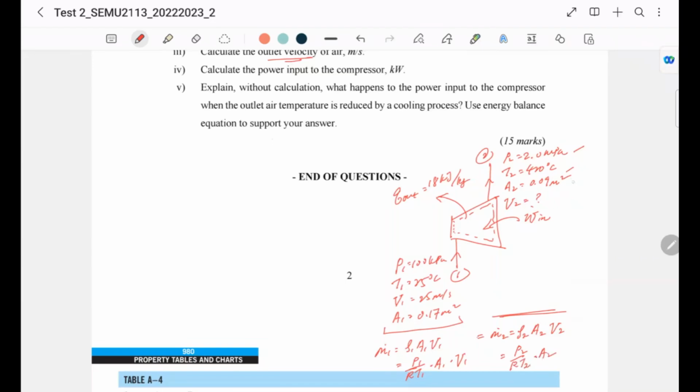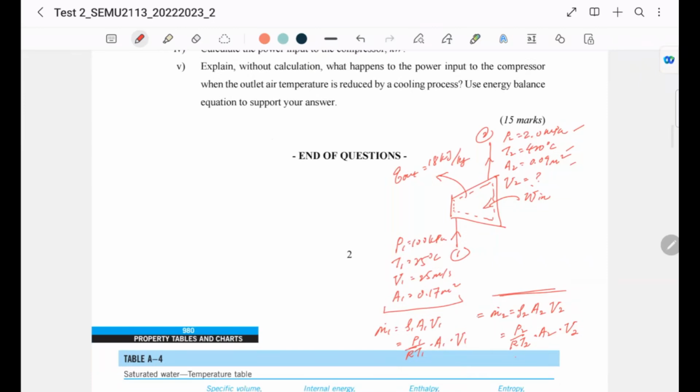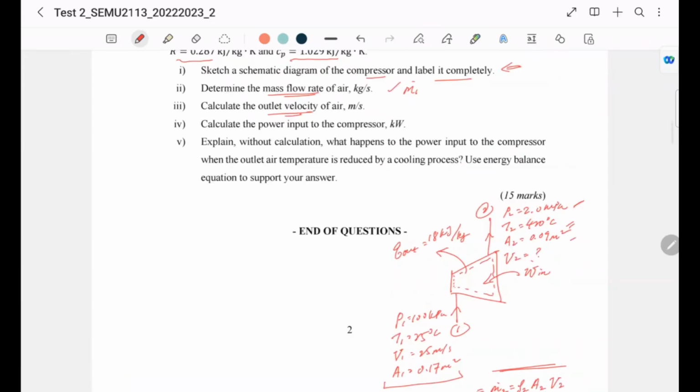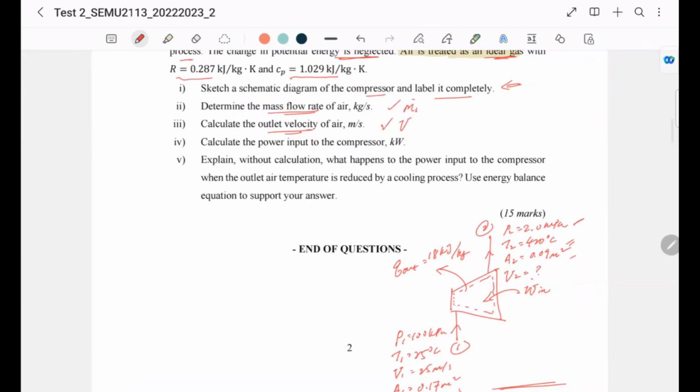A2, we also have it. So we should be able to find out V2. This is a known value, okay? Because we have pressure and temperature, so we know the density of the outlet. So this shouldn't be a problem at all.